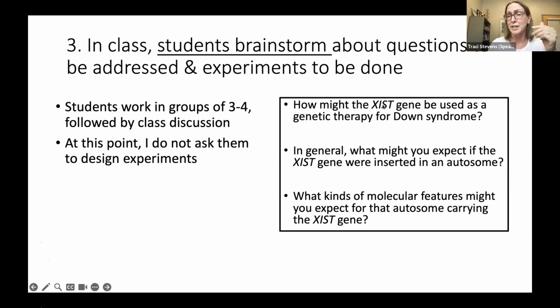The XIST gene is the gene that expresses that non-coding RNA, and thinking about how that might come together with trisomy 21. And then I ask them to make some predictions about what they might see. And they have the skill and the knowledge to answer these questions, because many of the answers were in the readings that they did. So they can answer these questions.